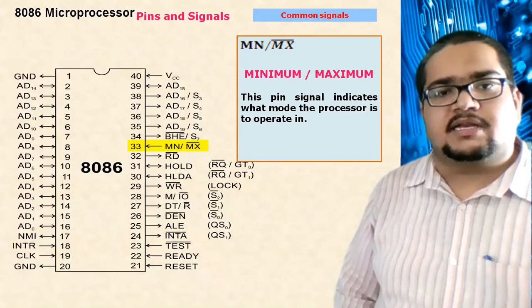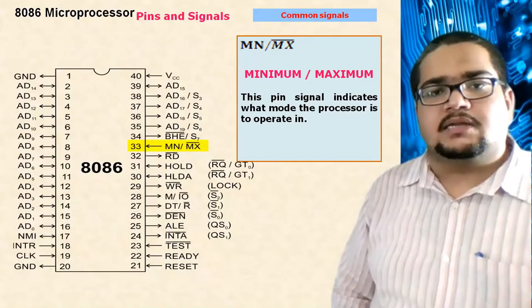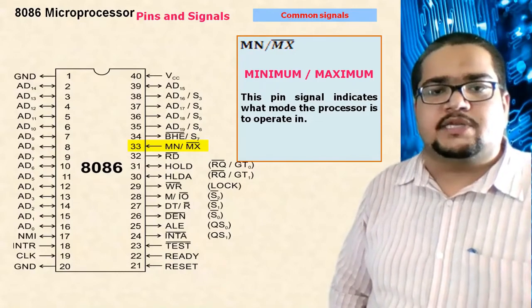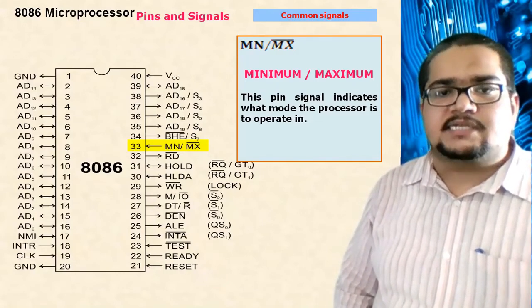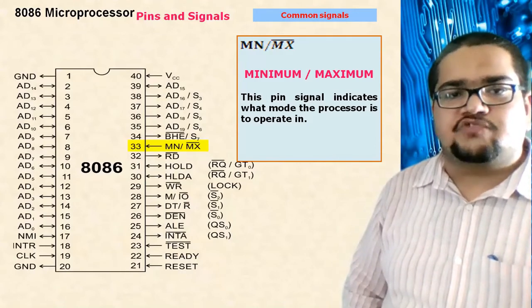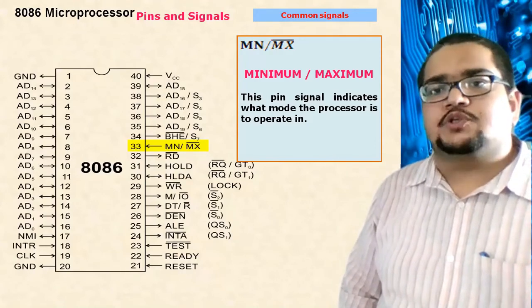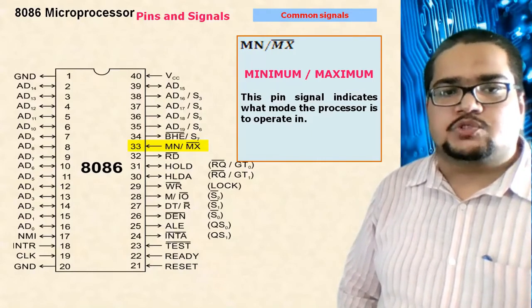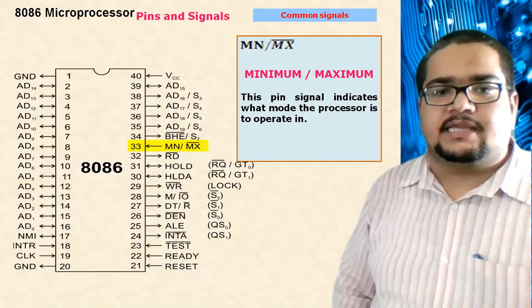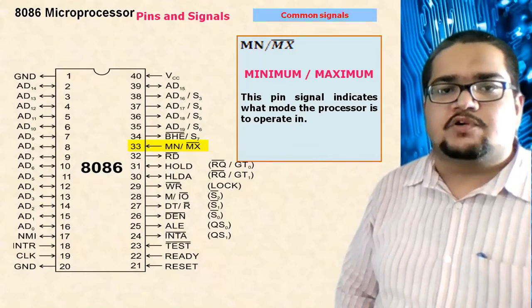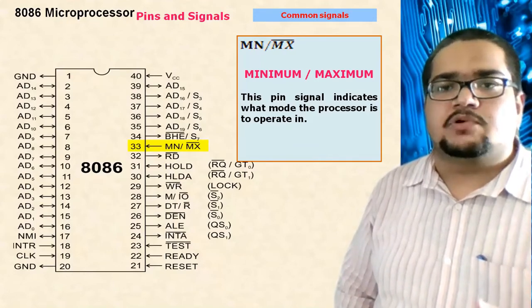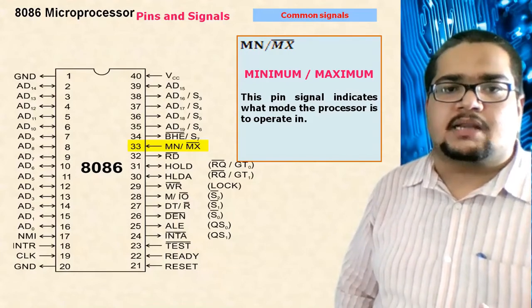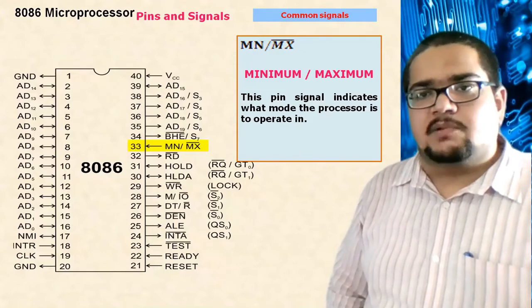Pin 31 has another function, RQ bar/GT0, till pin number 24, QS1. These are your maximum mode signals.